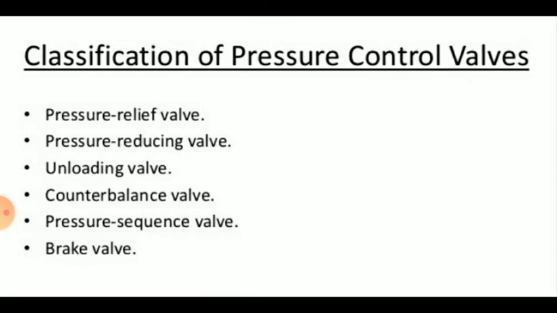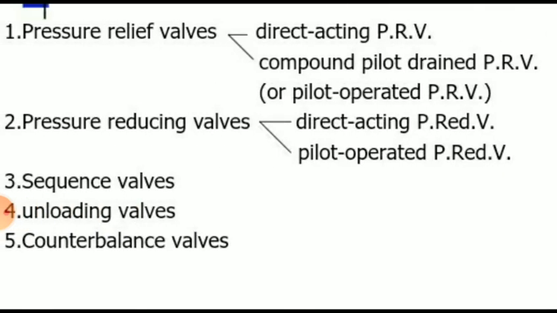Now the classification of pressure control valves. The first category is pressure relief valve, second is pressure reducing valve, third is unloading valve, fourth is counterbalance valve, then pressure sequence valve, and brake valve. So this is the classification of various pressure control valves. Now we will see the sub-classification of these categories.